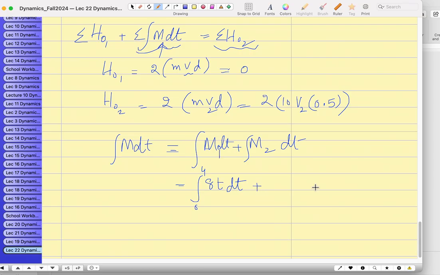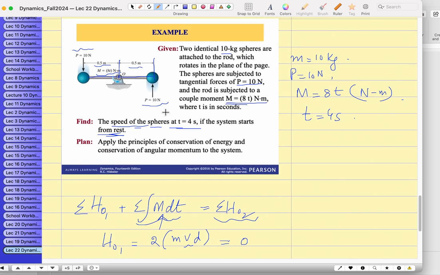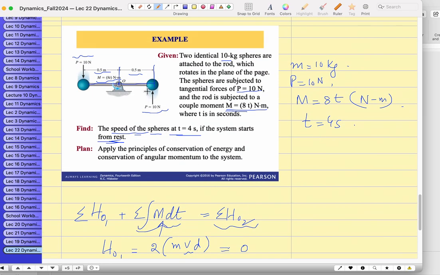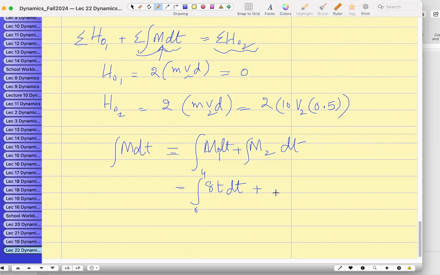The second angular impulse is caused due to this force, so R cross F. Force F is 10 newtons and R is 0.5. So I would say R F times 2 spheres, R is 0.5, and then dt from 0 to 4.